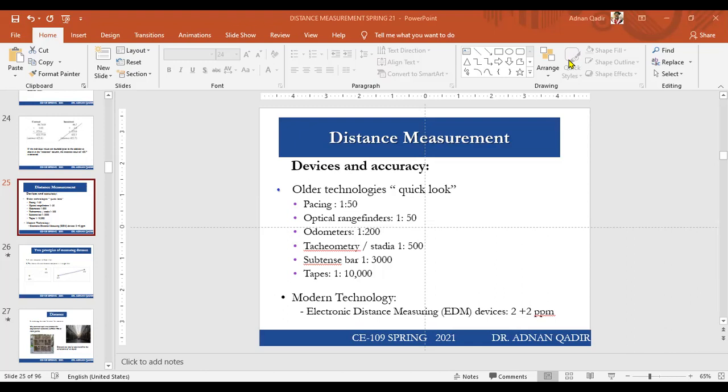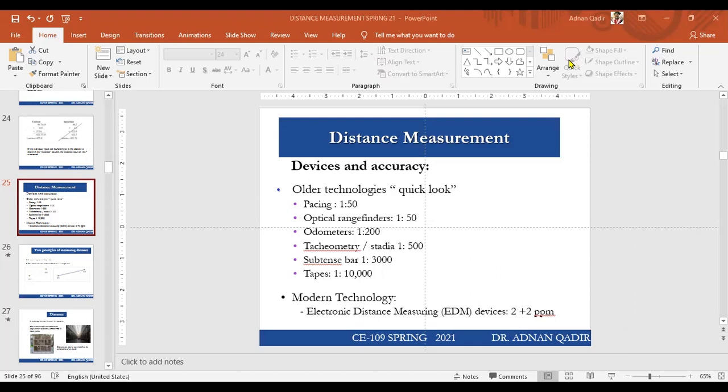If you measure the distance with pacing, then you will have an error of 1 in 50. If you use an optical rangefinder, the same error. Odometers are more accurate than pacing and optical rangefinders, 1 to 200.